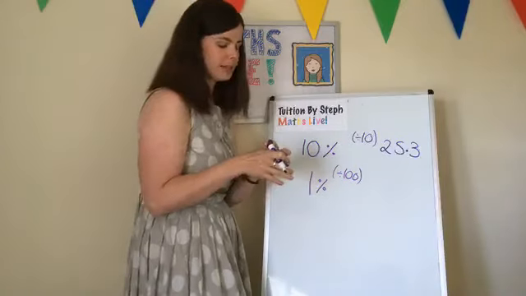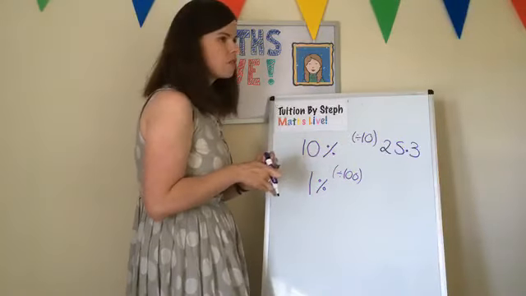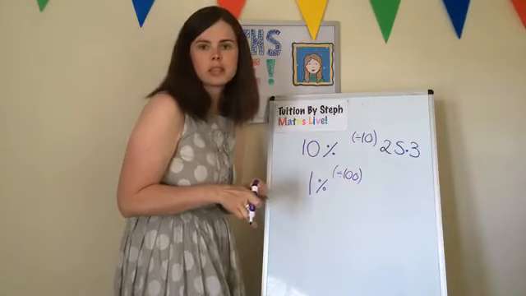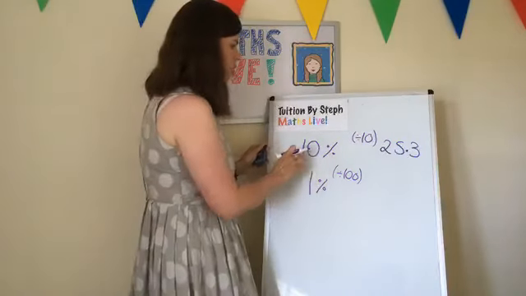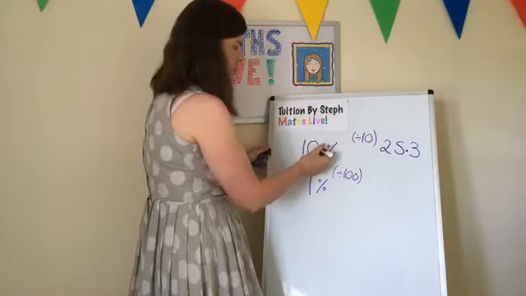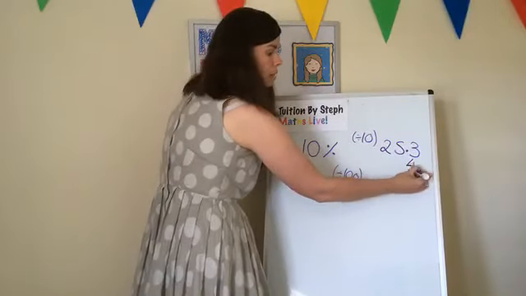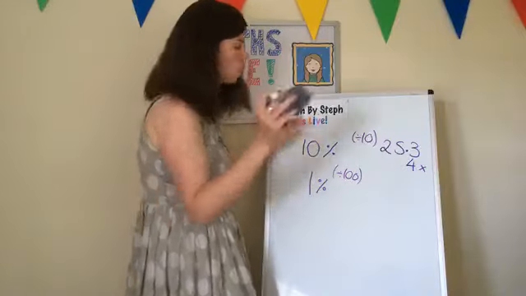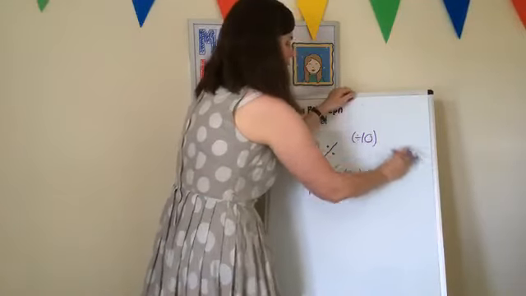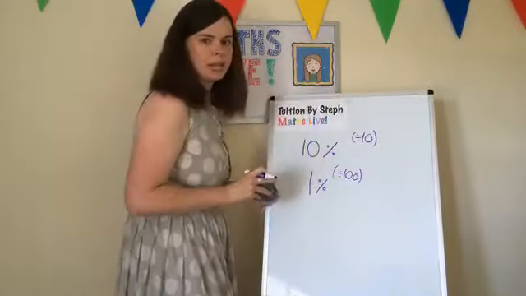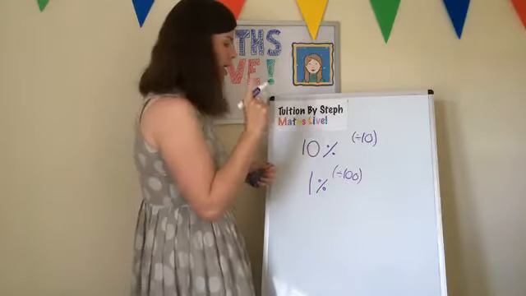Why it's important to find 10% is because if you find 10%, you then can get 20%, 30%, 40%. If I wanted to make my 10% into 40%, I just times it by 4, but I'll come back to that. So I've shown you how to find 10%: you divide by 10.